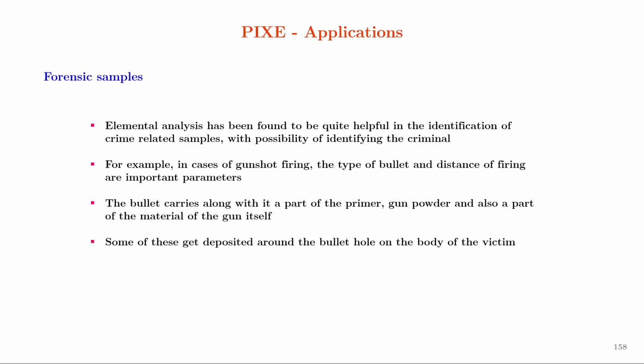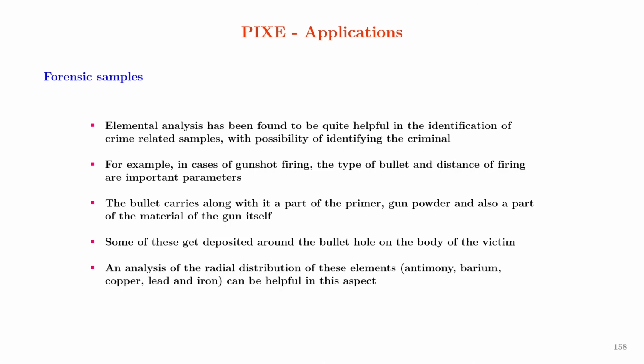Some of this gets deposited around the bullet hole on the body of the victim. An analysis of radial distribution of these elements, antimony, barium, copper, lead and iron, can be helpful in this aspect. The non-destructive nature of the PIXE technique becomes handy in such analysis.